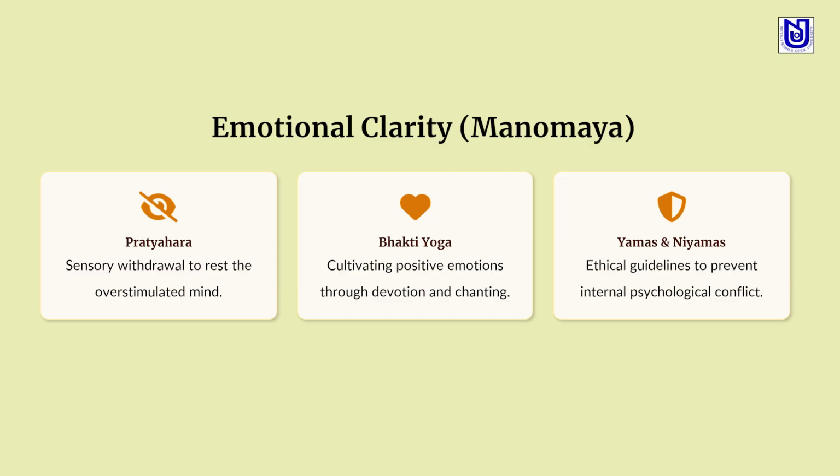Next, we focus on the Manomaya Kosha for our emotional clarity. It is mainly sustained through dhyana, that is unbroken contemplation on a single object. It is the yogic practice through which we can directly engage with the Manomaya Kosha.